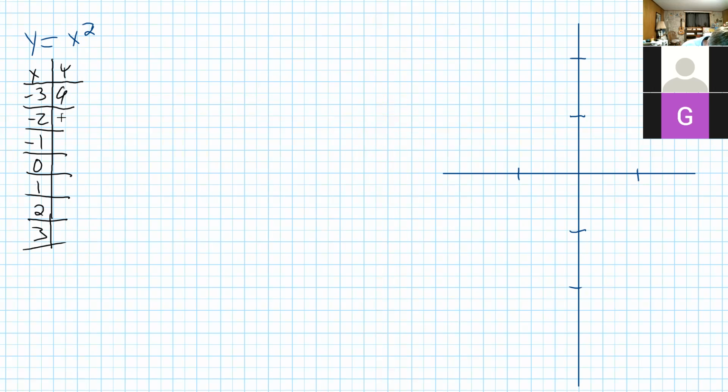And the graph looks like this. Okay, so there we are back at y equals x squared. Let's make this black.